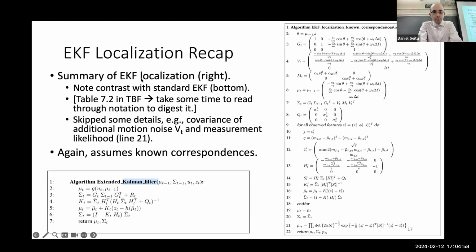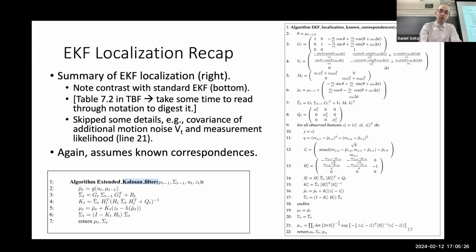Again, we skipped some detail about this, but we did cover how you compute the G vector here, the G matrix here, and how you compute the mu here, which is the motion model. Then you have the measurement model here, that's the H_t^i, right? And there's a for loop over different features.